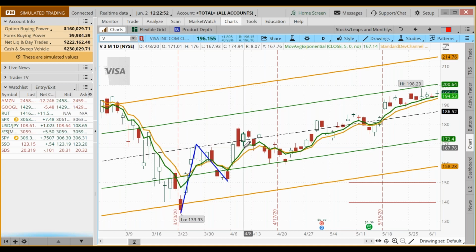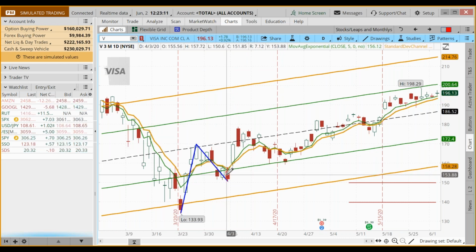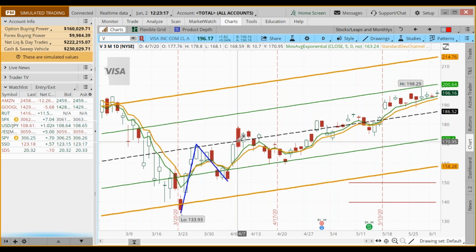We had a low right here, and that's almost at the same low on April 7th.